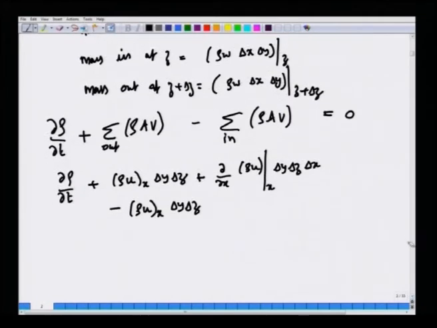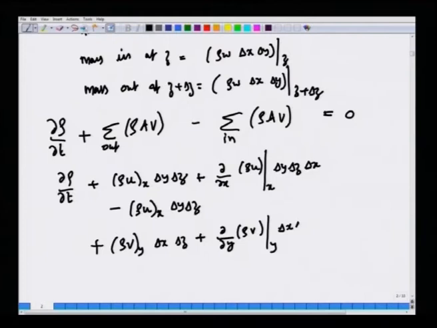Similarly, you can write down the other two faces: plus rho v at y delta x delta z, plus d dy of rho v at y times delta x delta z times delta y. This delta y comes from the Taylor expansion. Minus the inlet, which is rho v at y times delta x delta z.